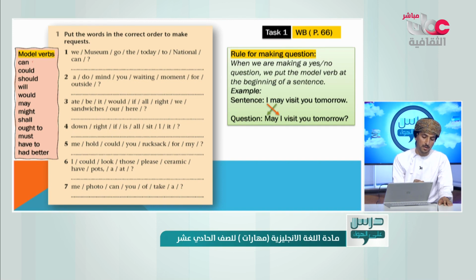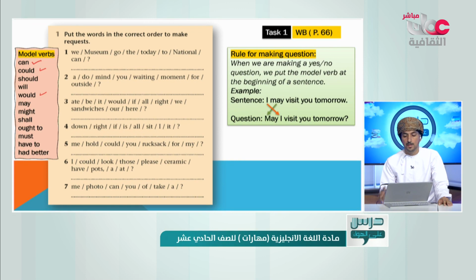We have got here can, could, should, will, would, may, might, shall, ought to, must, have to, and had better. We have got all of these which are modals, but today we are going to use some of them. We will use can, would, and could.